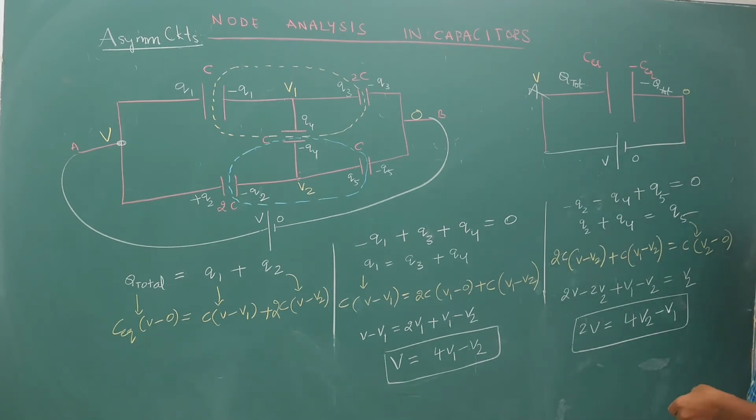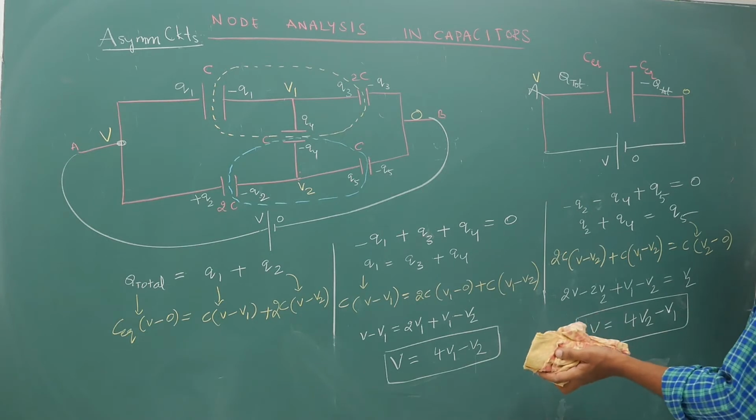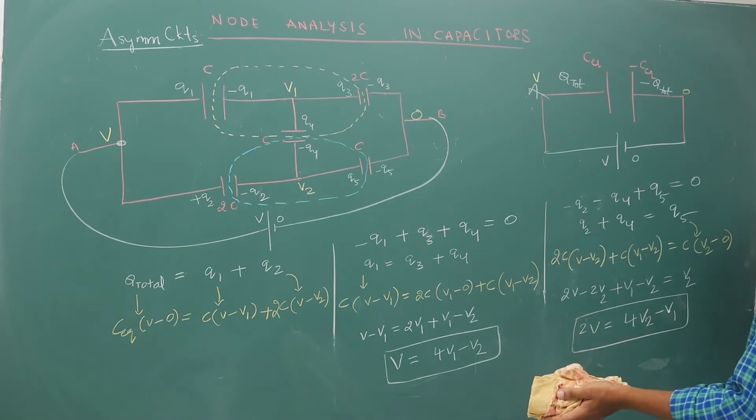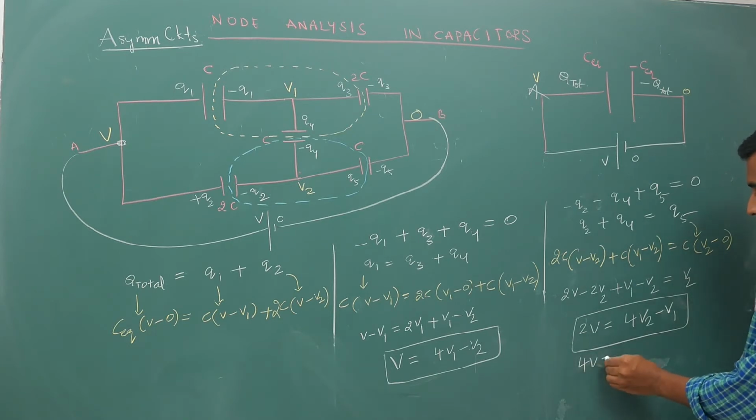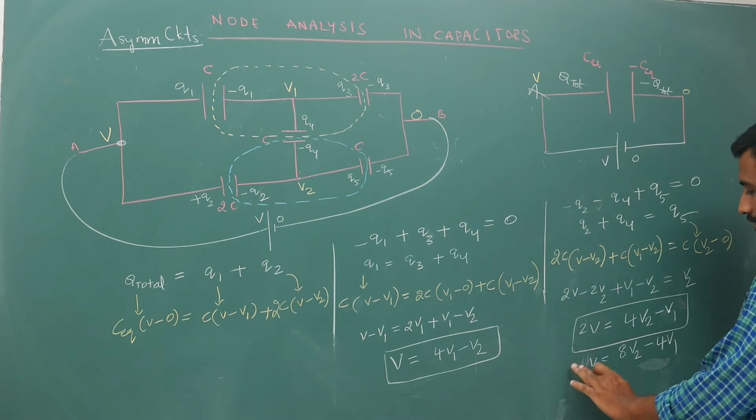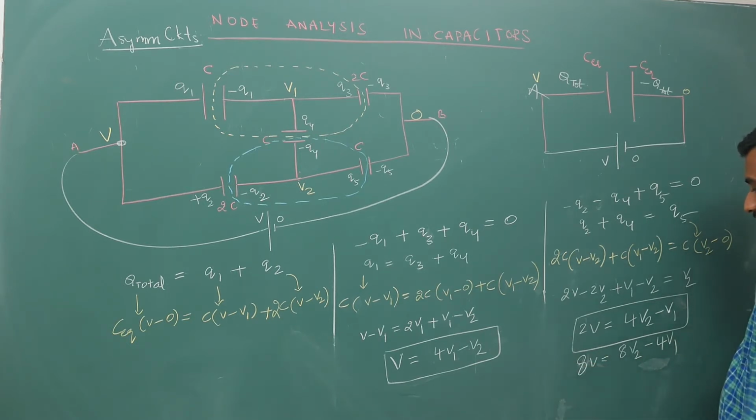Right? So now from this we will try to simplify. Let us try to solve these equations. Let me multiply by 4 now: 4 times 2 is 8, 4 times 4 is 16. So 8V is equal to 16V2 minus 4V1.